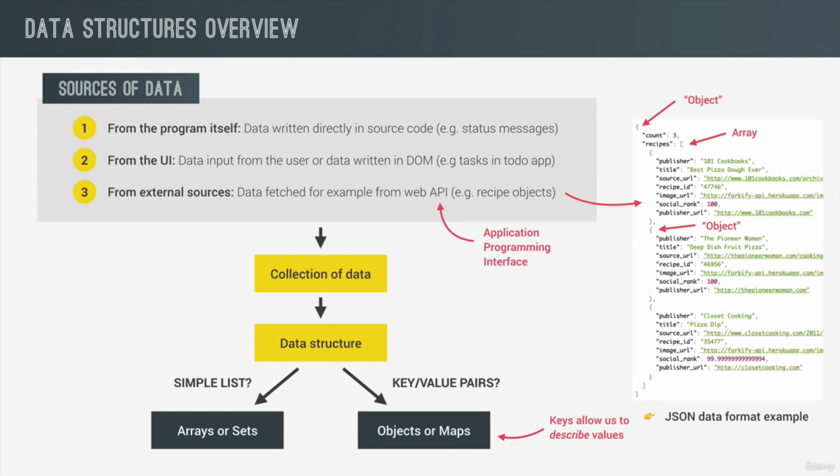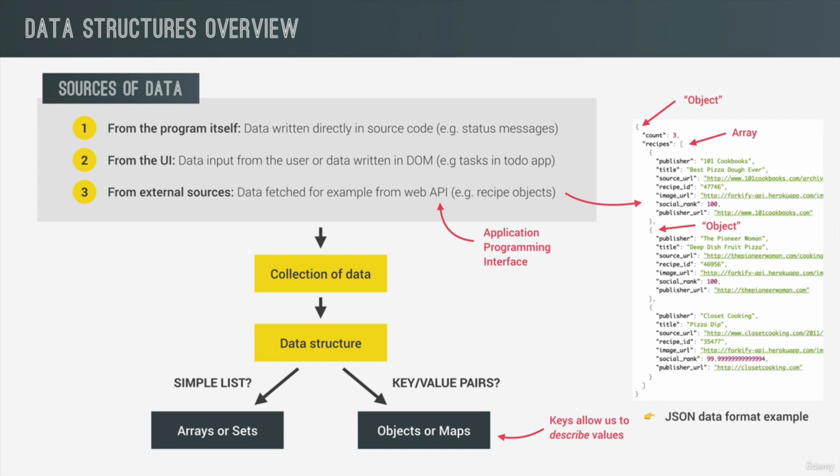Now, each of these recipe objects in itself can be seen as a value, and since we have many of them, it means that we have again a collection of data, and therefore we need a data structure to store them. Now, do we want to describe each of the objects? Well, it's not really necessary, is it? We already know they are all recipes, and whatever information we need about the recipes is already stored right in each of the objects.